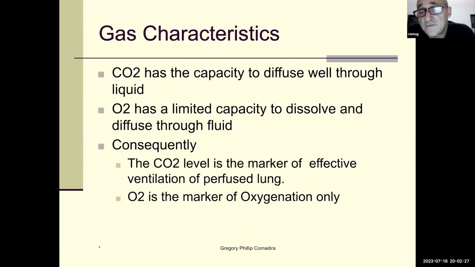Since CO2 has a very limited, CO2, I don't know where you all live, so I'll use the thing I use down here. Some of the students we teach go to Griffith University, others go to Bond. Both can come up with this concept. What bubbles through water or alcohol is CO2. CO2 bubbles quite happily through fluid. Oxygen does not.